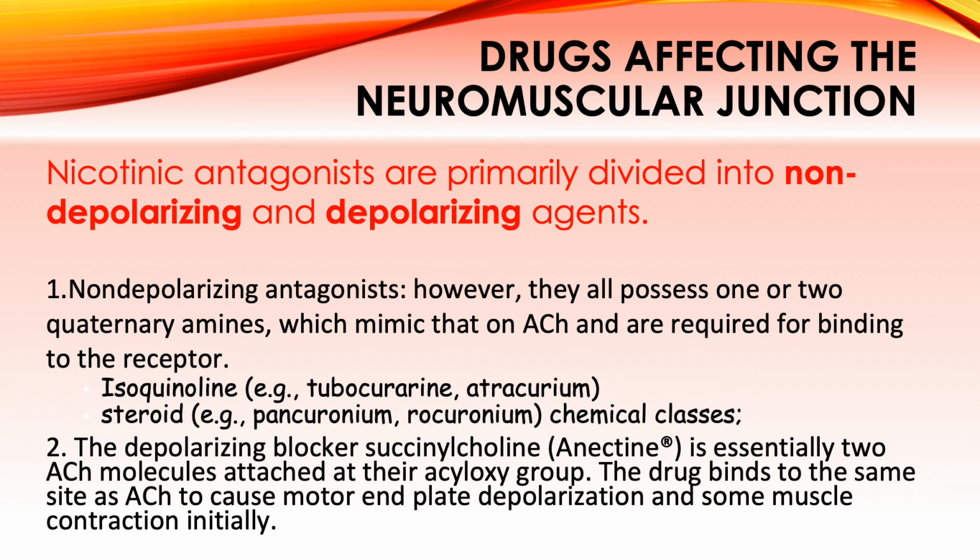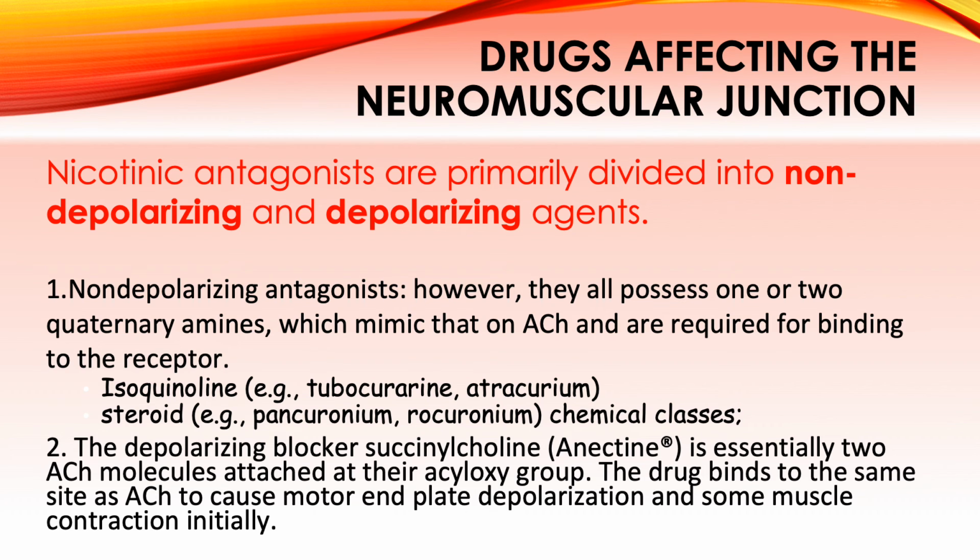So, there are two acetylcholines bound together and they can produce depolarizing nicotinic antagonism. So the drug binds to the same site as acetylcholine and it can cause motor end plate depolarization and some muscle contraction initially.